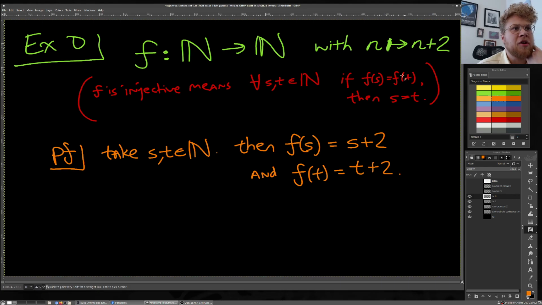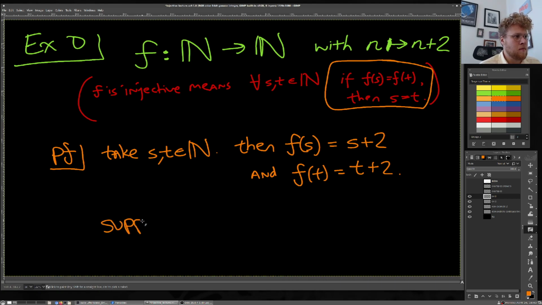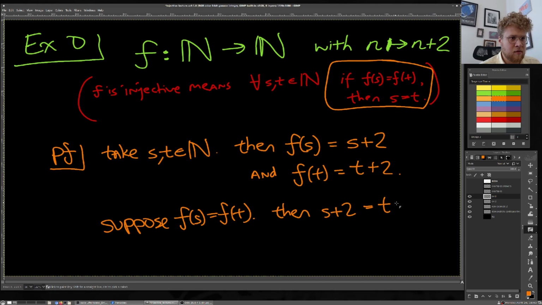So what we're going to do now is show that this statement is true. Suppose f of s equals f of t. Then that means s plus 2 equals t plus 2.